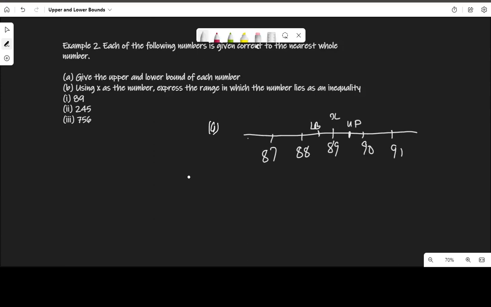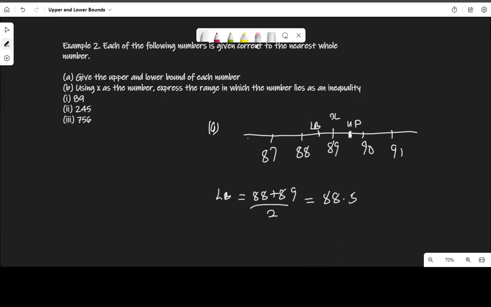Okay? So the lower bound, LB, will be 88 plus 89 divided by 2, which is 88.5.